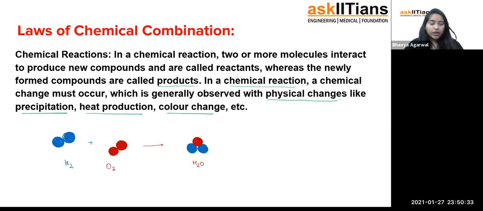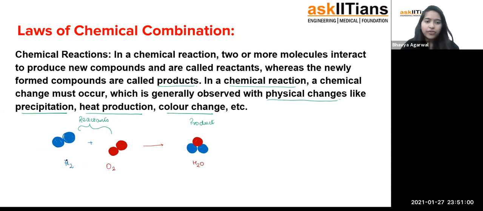So whenever we talk about any chemical reaction, there are different molecules which are reacting and different product which is obtained. The reacting species are known as reactants, and the substance so formed during the chemical reaction is known as a product.